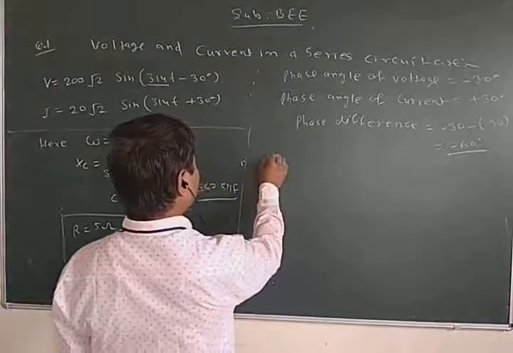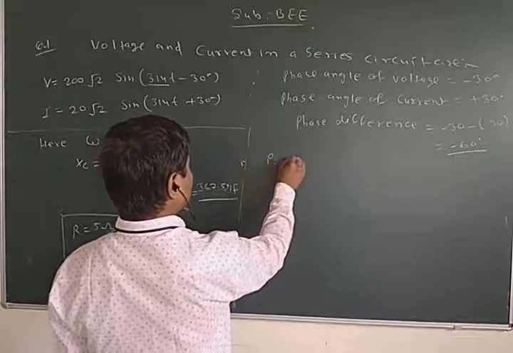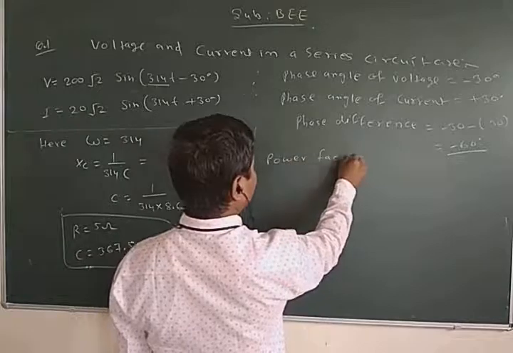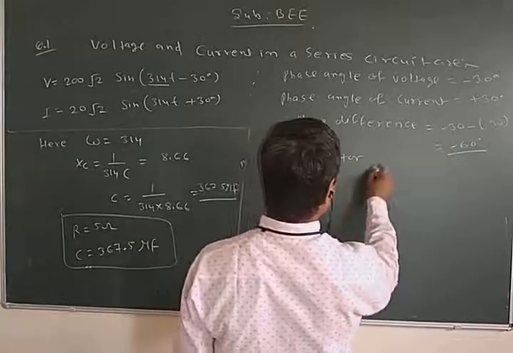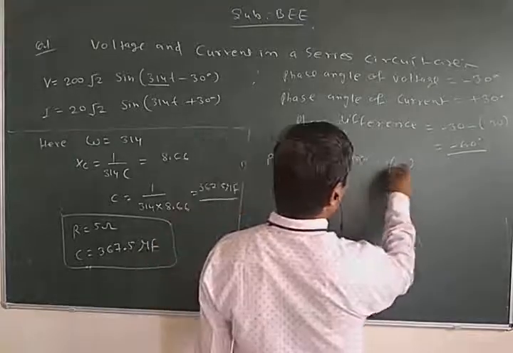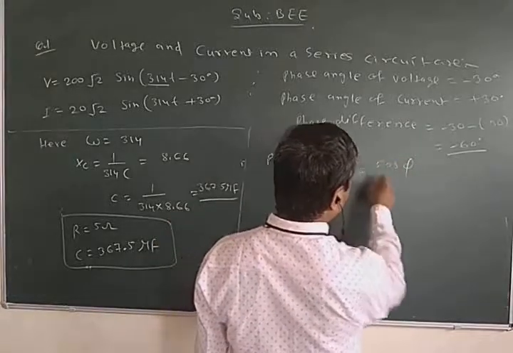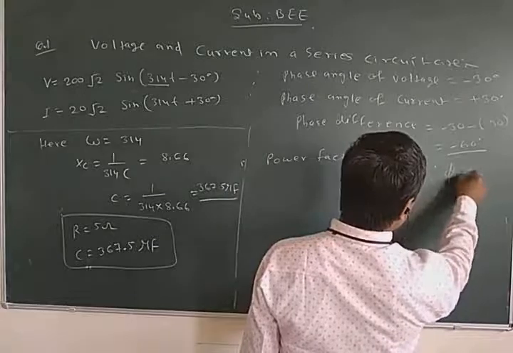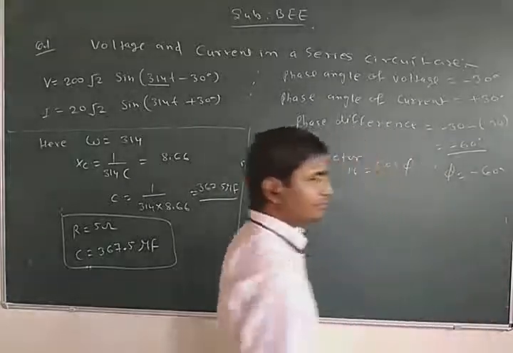Power factor is cos of phi, where phi is equal to minus 60 degree.